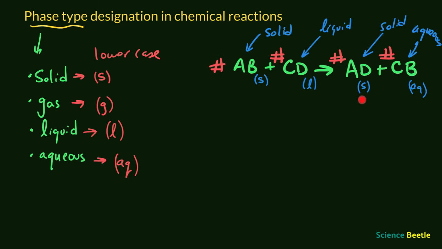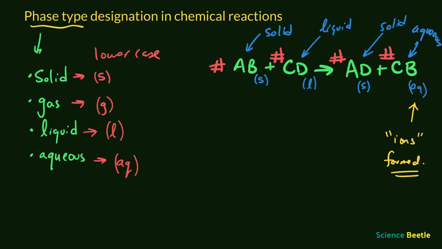We see that here with the AD. We're going to get another precipitate showing, but we also know that we're going to get some kind of ion. So whenever you see an aq designation here, yes, the aq means that you've got that particular compound dissolved in water, but it also means that you're going to see the formation of ions. Okay? Because that's one of the takeaways from an aqueous solution.